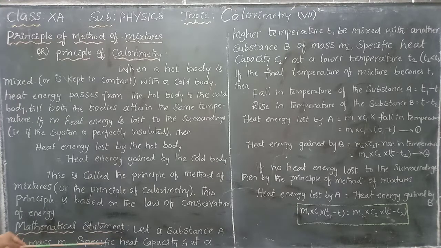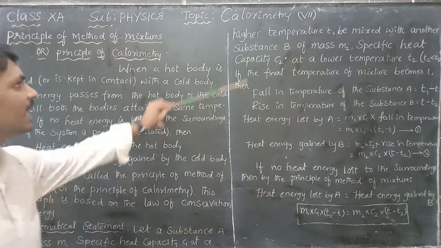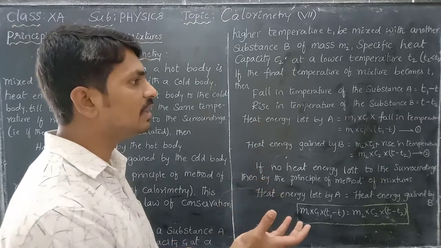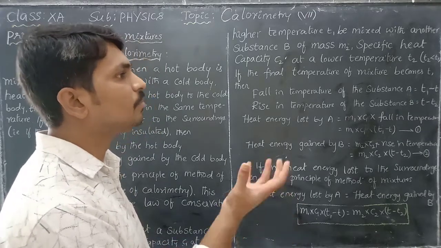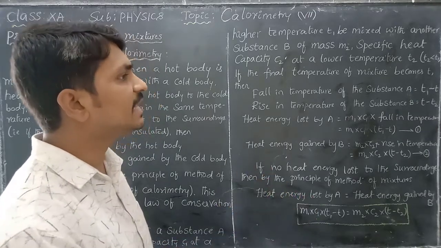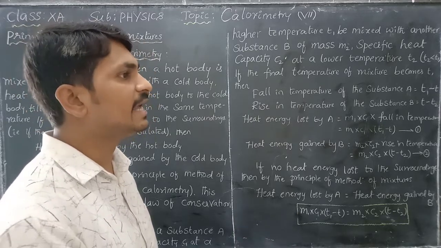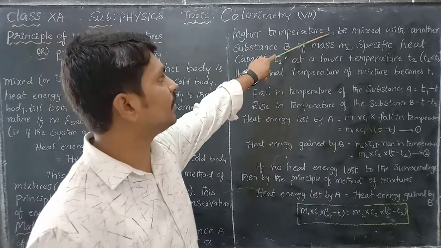For that mathematical statement, let a substance A of mass M1, specific heat capacity C1, be at a higher temperature T1. Suppose we take a body A having some mass M1, specific heat capacity C1, and a higher temperature denoted by T1.